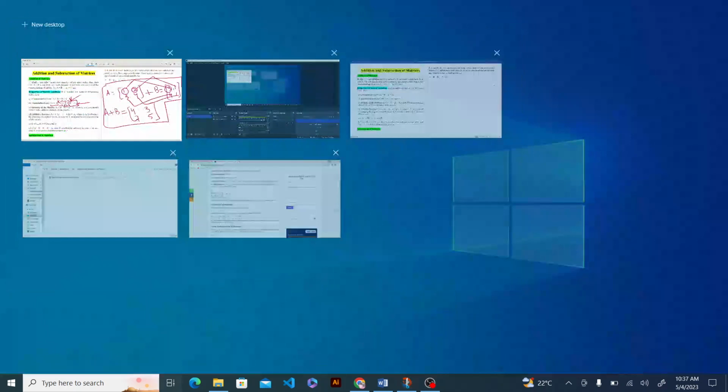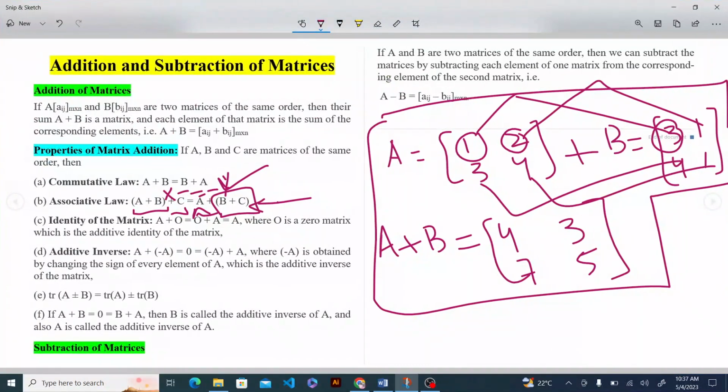The third property is the identity of the matrix. Let me clear the board. Okay, so the third property is the identity of the matrix.